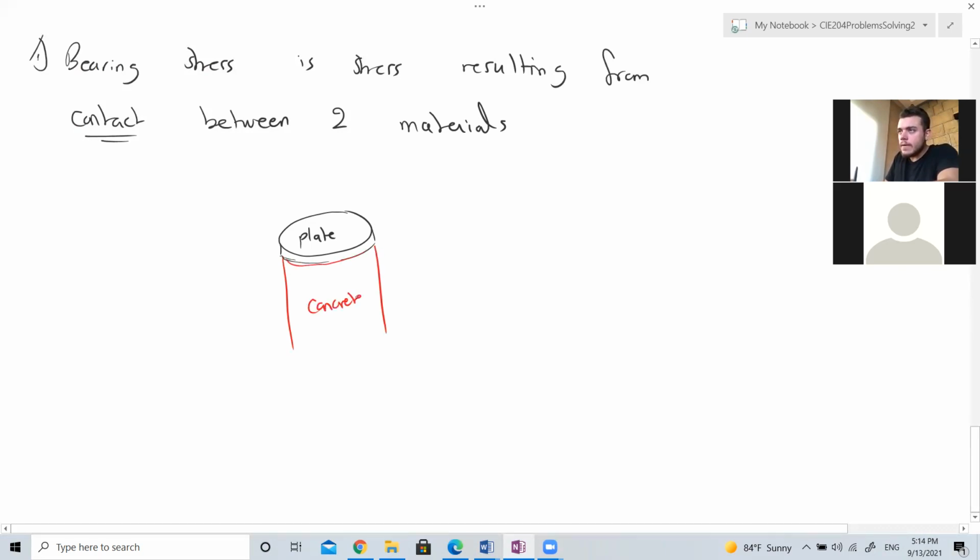Yes. And it's upper than في pave عليه. صح. This contact between the plate and the concrete بيخلق لك bearing stress, which is equal to the force over the area of contact.